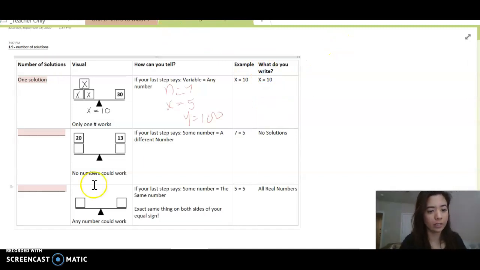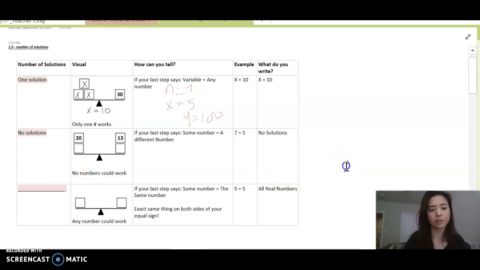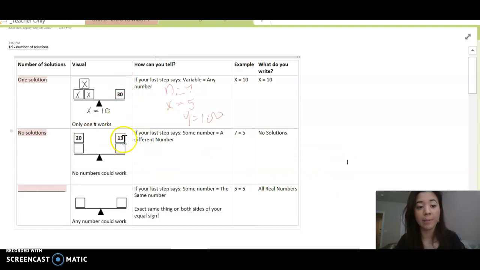The next one we're going to talk about is when we have no solutions. Again, same idea here, above each box had to be the same number. Down here, is there any number that you could put both in this box and this box to make them equal?